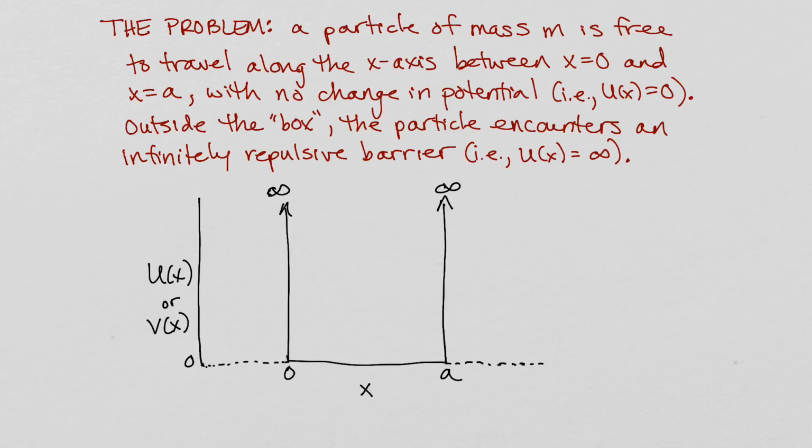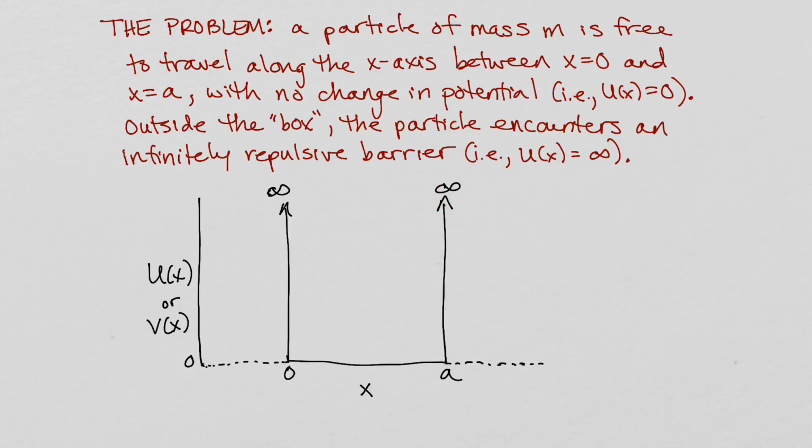However, outside the box, once the particle gets to these endpoints, the walls of our box, it experiences an infinite potential, or infinitely repulsive barrier. We have that at x equals 0 and x equals a, so at both bounds of our box.